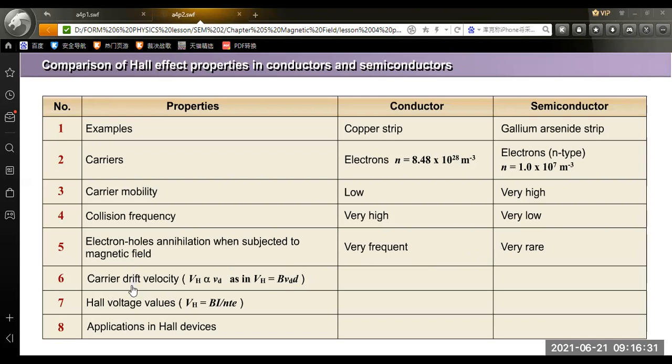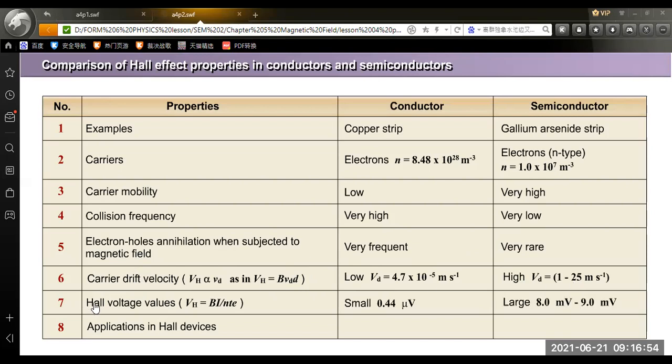The VH, carrier drift velocity. This means that the drift velocity for the conductor is low, but for the semiconductor it is high. Drift velocity high means the electrons move faster and current flows faster.